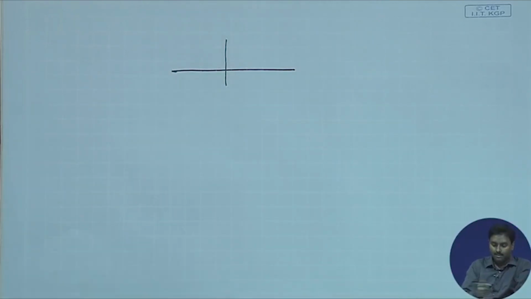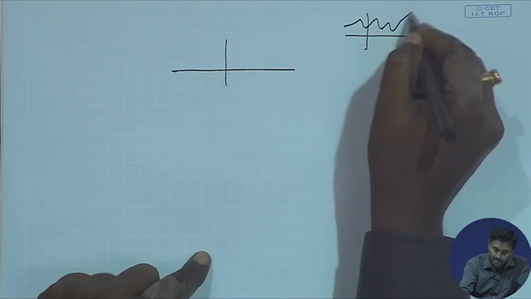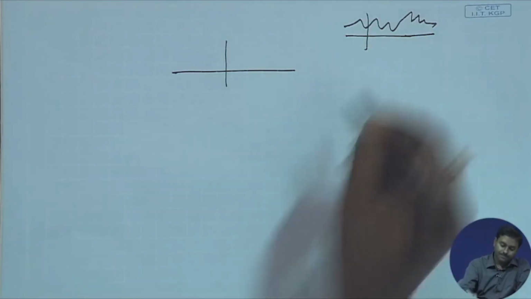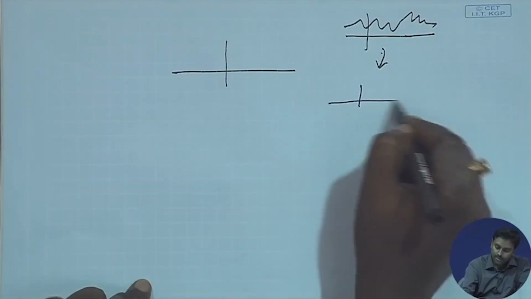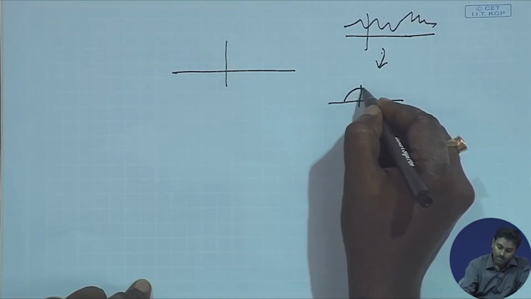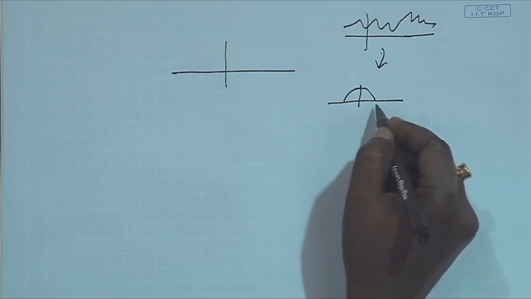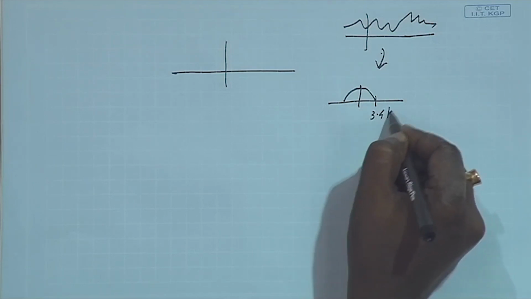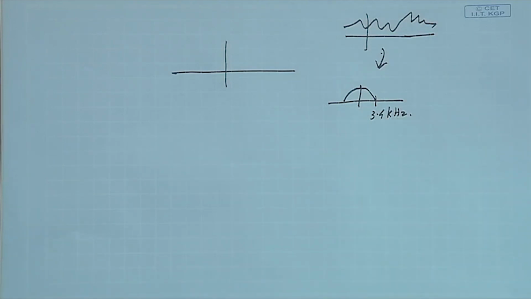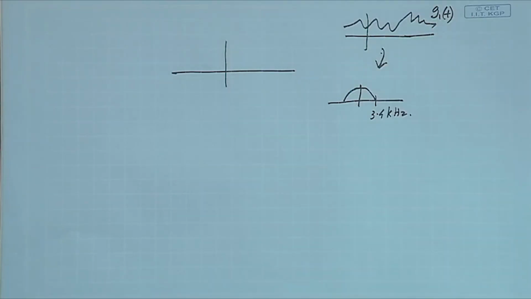Suppose this is my speech signal, it has a random variation and the corresponding spectrum looks like this. Okay, it will be a band limited spectrum. In speech we say that beyond 3.4 kilohertz there is nothing, all are insignificant. So, it is band limited up to 3.4 kilohertz. So, this is my g1(t), which is my signal.